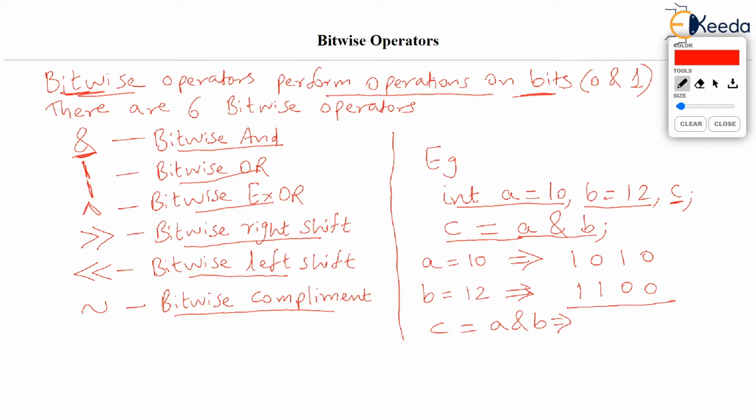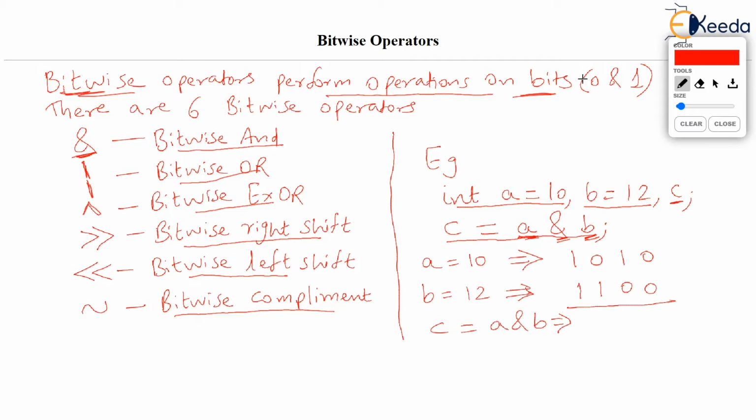How do you read it? The statement is c should become equal to a bitwise ANDed with b. Actually a is 10 and b is 12, but the operation will be done on the bits of a and b.